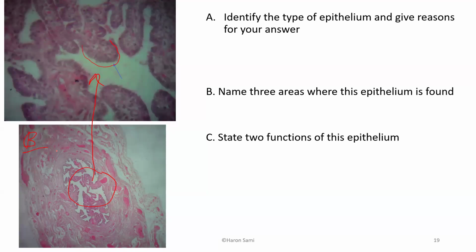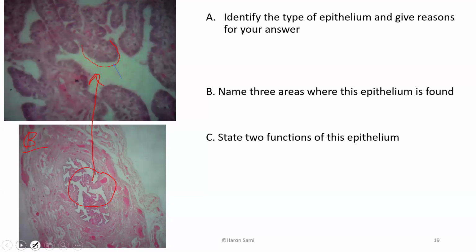Jejunum has the plica circularis, it does not have such a morphology. So this is the uterine tube, and there we have simple columnar.